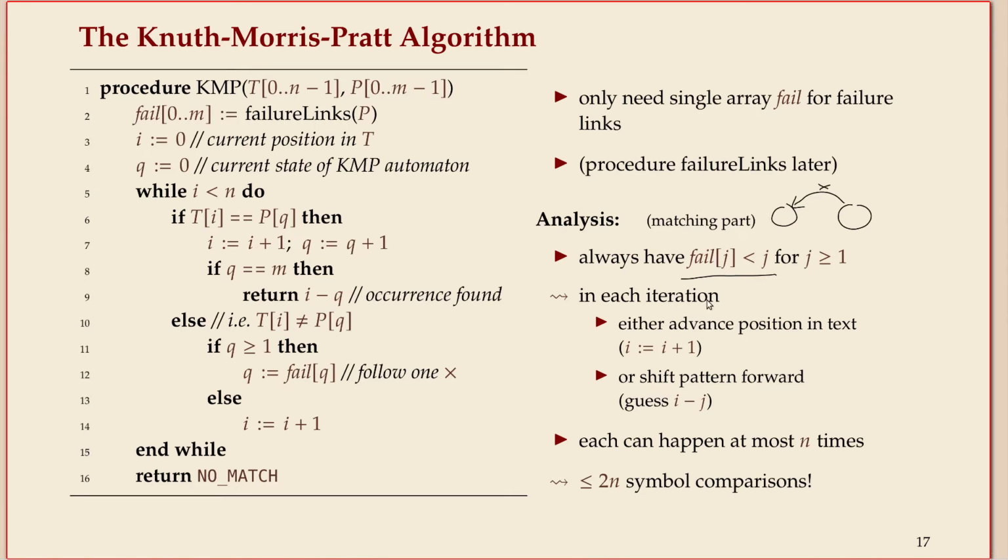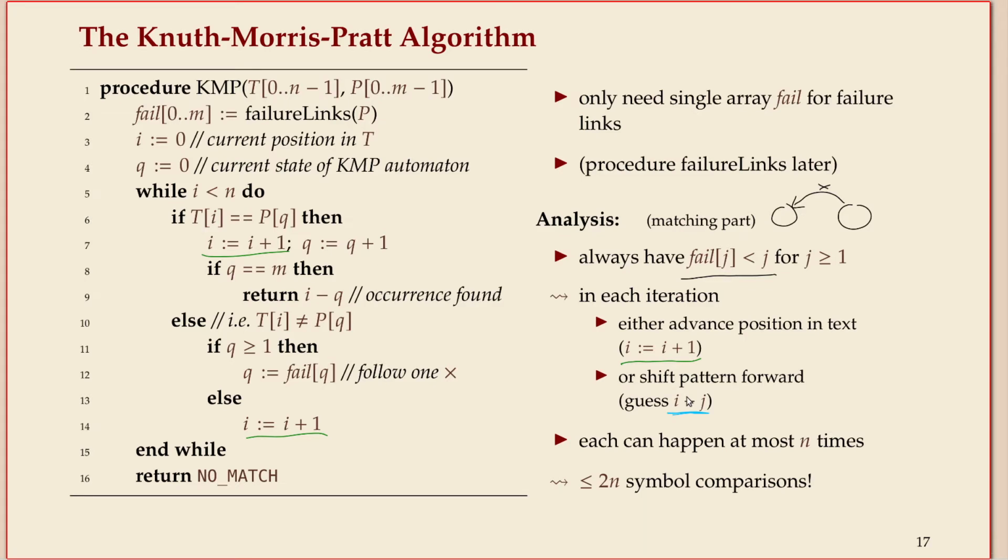And now in each iteration of this while loop, we do one of two things for sure. We either advance in the text by one position, that happens here or here, or we shift our pattern forward. So the guess I minus j, where we currently guess that the pattern starts, moves by one step forward.